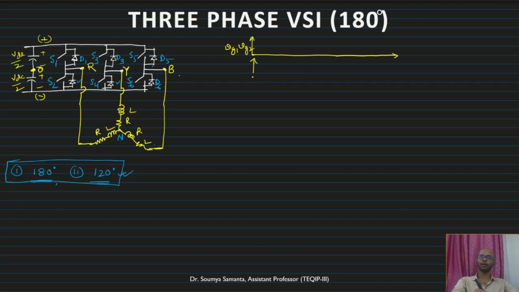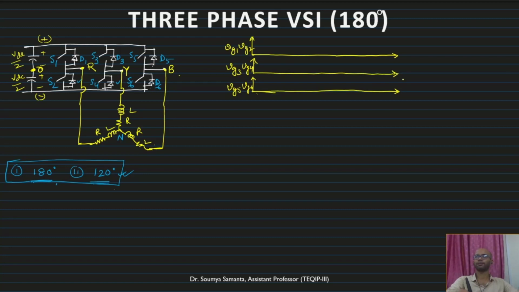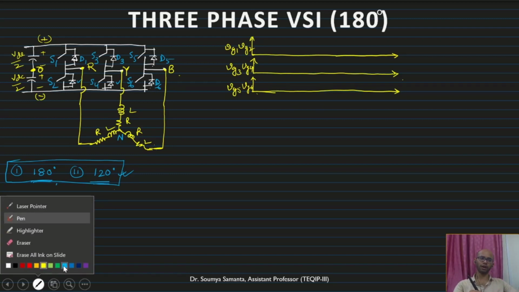Next I am drawing VG3 and VG4, gate voltage for switch 3, switch 4. Next I am drawing VG5 and VG6, gate voltage for switch 5 and 6. Why am I drawing together? The reason is that whenever one switch is on, another switch will be off, and vice versa. So it will be helpful for us to draw it in the same picture. Here I will consider the switches to be ideal.